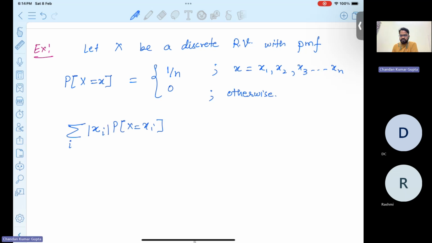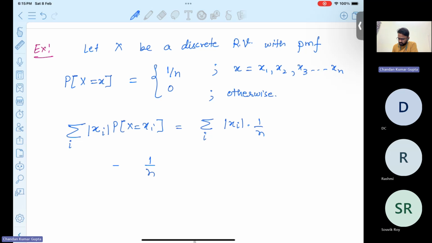We need to take the modulus value so that we can check whether it is a finite value or not. It can be written as the summation of modulus value of xi into 1 by n, and since 1 by n is a constant, it comes out of the summation.